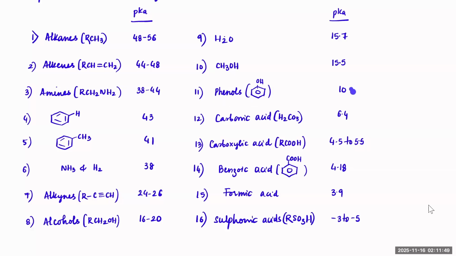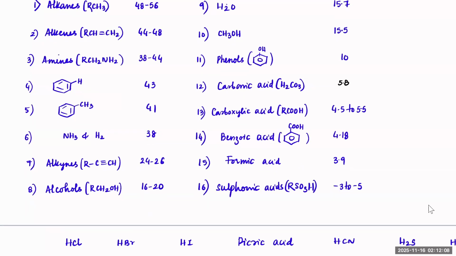Phenols. Phenols, the pKa value will be ranging close to 10. Then we have carbonic acid. Carbonic acid, I'll just change this value, slight change in the value there. Carbonic acid will have somewhere around 5.8 and above. Next, when it comes to carboxylic acids, that means all organic acids, their range changes from 4.5 to 5.5.